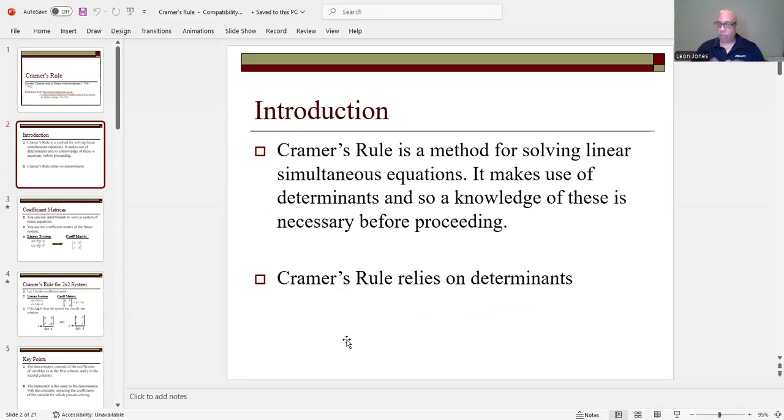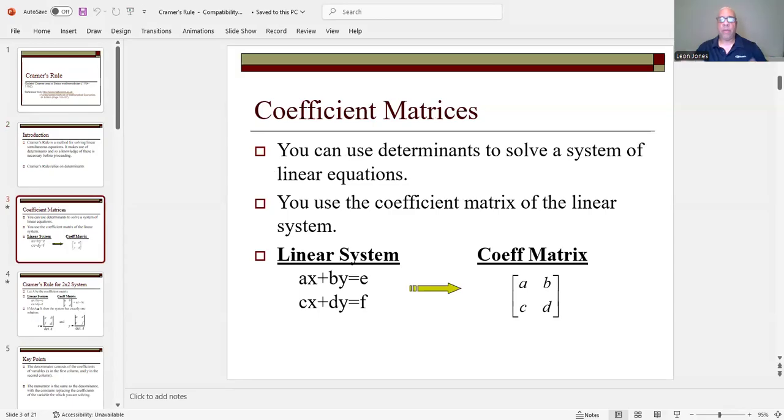Now, when we deal with Cramer's rule, it relies on determinants. Now we have coefficient matrices as well. You find most of these coefficients when we deal with systems of equations. If you are working with a calculator, you can actually put all this information in the calculator and you don't need to utilize Cramer's rule.